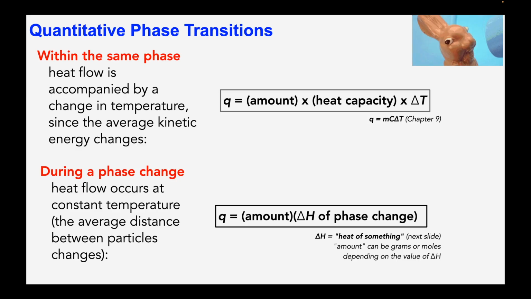So, for example, there's a delta H of vaporization, which is delta H vap. And if you want to turn that poor chocolate bunny up there into a liquid mess, you're going to have to turn the solid into a liquid. I would believe that's what it's turning into there. There's going to be the amount of the rabbit times some type of delta H for the process, and you can actually figure out Q. Q values, again, will be joules or kilojoules, and as long as you have the right values, you can figure out anything like that you want to.